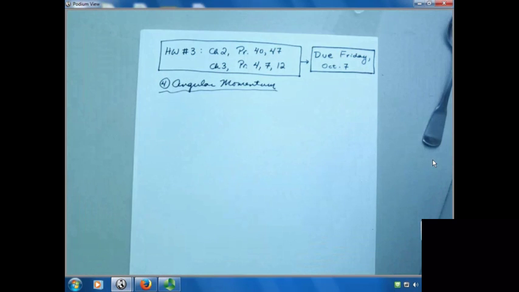In this case, we're going to get another conservation law, and there will be certain conditions under which angular momentum will be conserved, and we'll say in that case that the system is isolated angular momentum-wise. So we have lots of different ways for systems to be isolated.